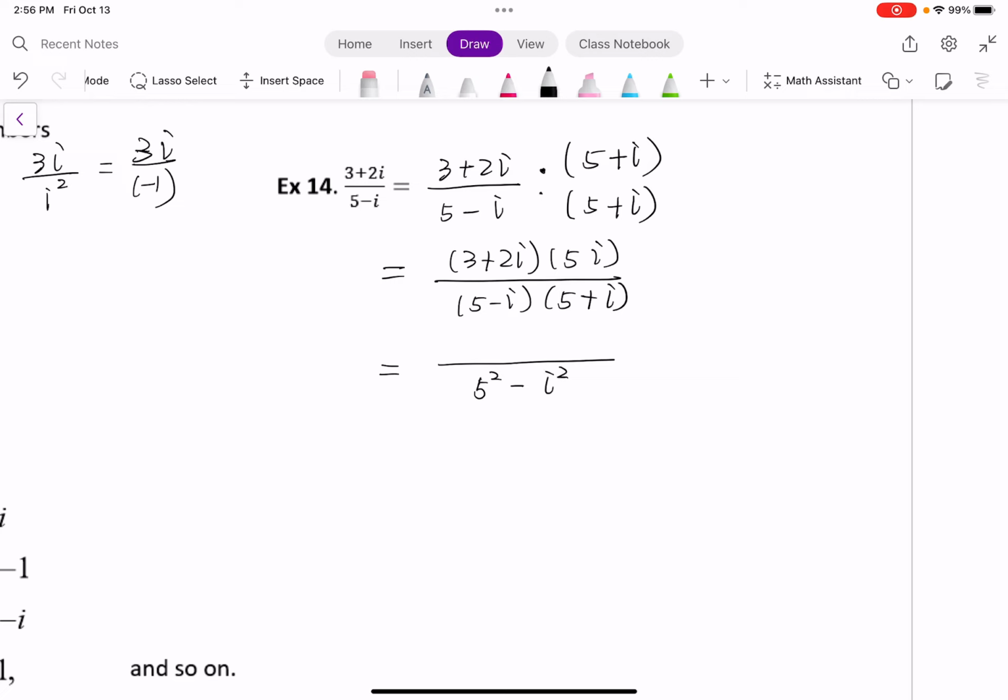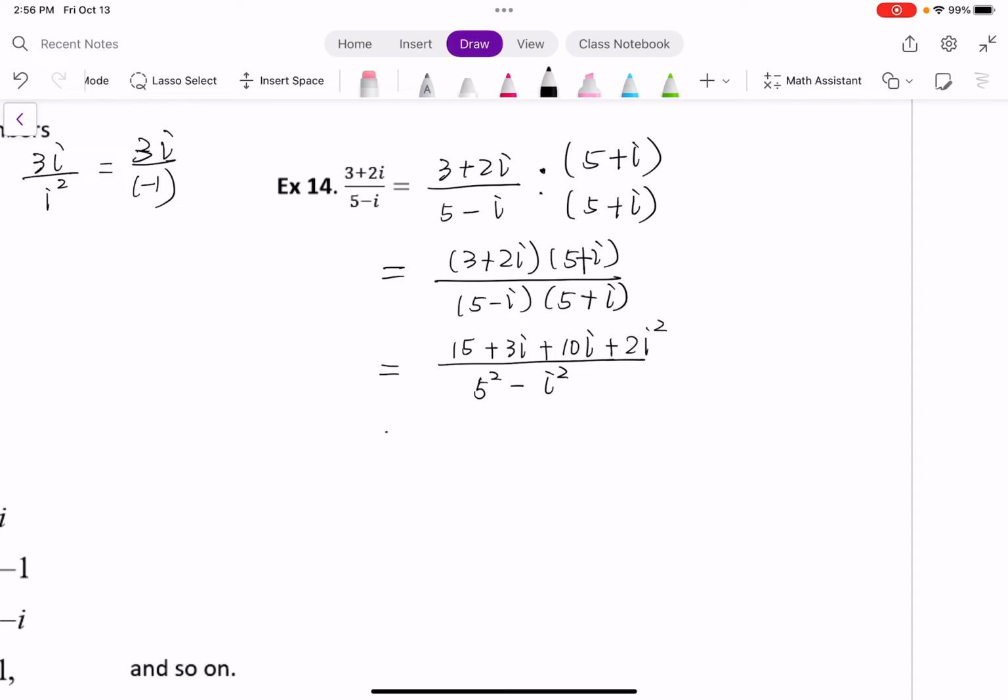There is no i part because that's i squared. And the top, we follow it. So 3 times 5, 15. 3 times i is plus 3i. 2i times 5 is plus 10i. 2i times i is plus 2i squared.